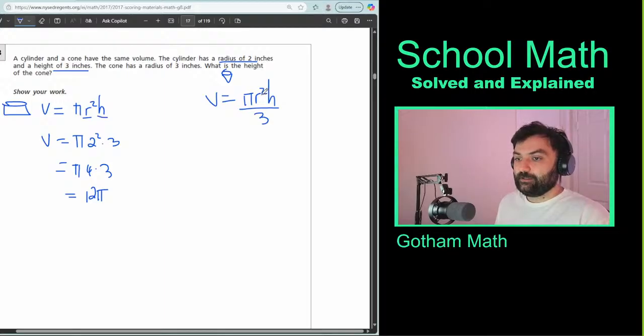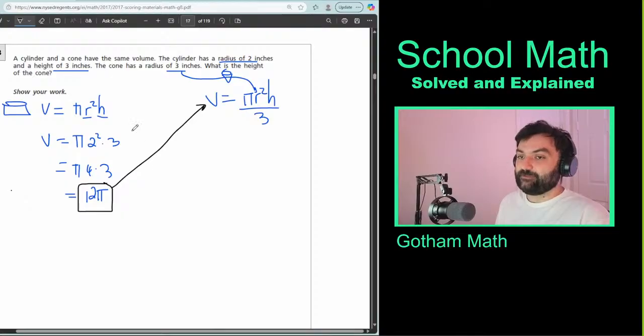And now for the cone, we know the radius, so we can put the radius in, but we don't know the height. But what we do know is that they have the same volumes. So I take the volume of the cylinder and I plug it in instead of that V, because it stands for the volume.